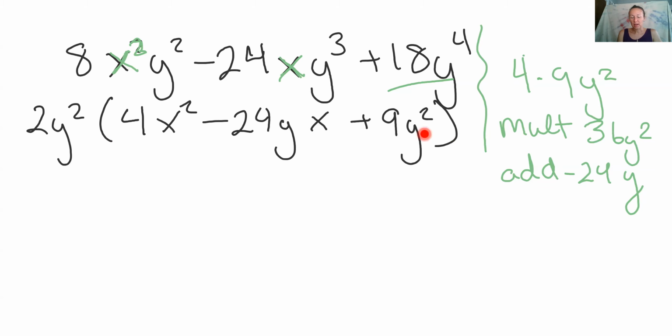So this first term is 2x squared, and this last term is 3y squared. So this is actually going to factor into a binomial squared, or the 2 binomial factors of this are the same.